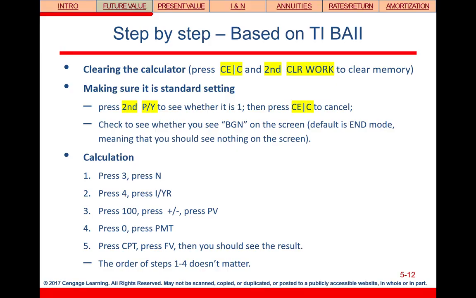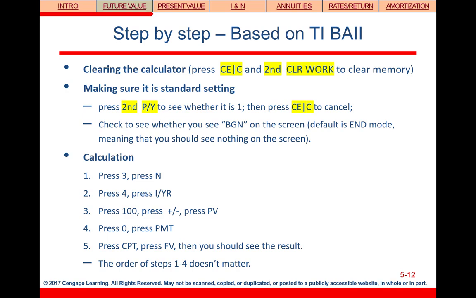But after every calculation, you have to clear your memory, because otherwise the input you put in your financial calculator will be saved for your next calculation, and it will distort it or make you make mistakes. So after every calculation, clear your calculator. This is very, very, very important. After clearing your calculator, make sure it is standard setting.